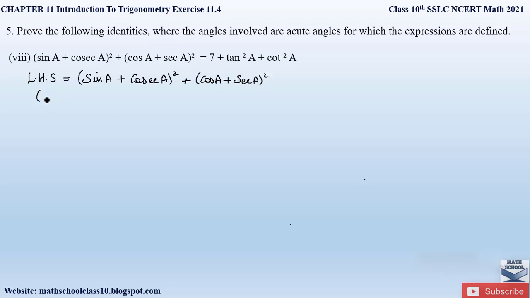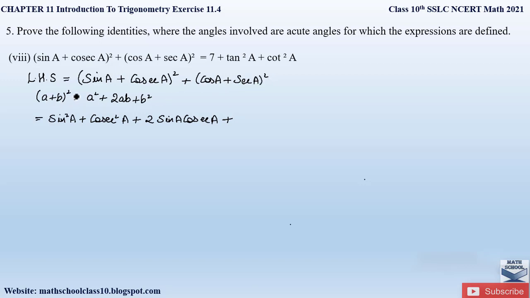So here we will apply the formula of (A plus B) the whole square, which is written as A square plus 2AB plus B square. So let us apply here. (sin A plus cosecant A) the whole square is sin square A plus cosecant square A plus 2 into sin A into cosecant A. Now again we have (cos A plus secant A) the whole square.